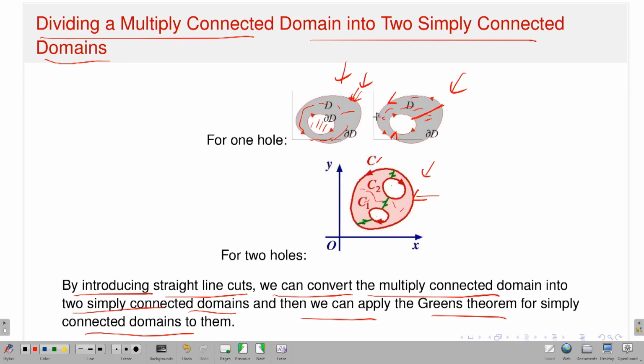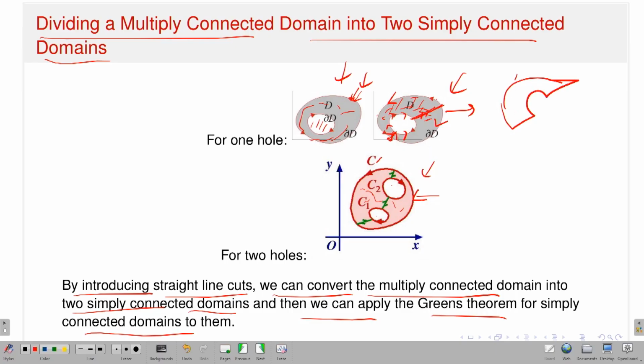I will go in these directions, and once I reach here, I will take these directions, and then move on. So if I have two straight lines, one here and another here, first I will have this region, which is one of the regions. For the other, maybe I will start from here, go in these directions, and then come back. So somehow I can break up my domain into two parts, the left one and the right one. First, maybe I can think about this one, the first one I am talking about.